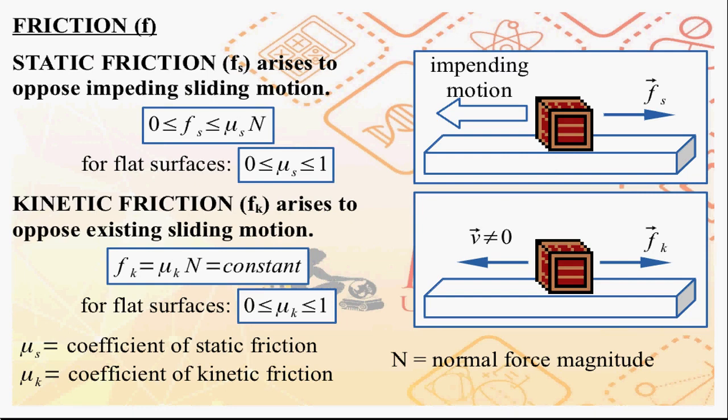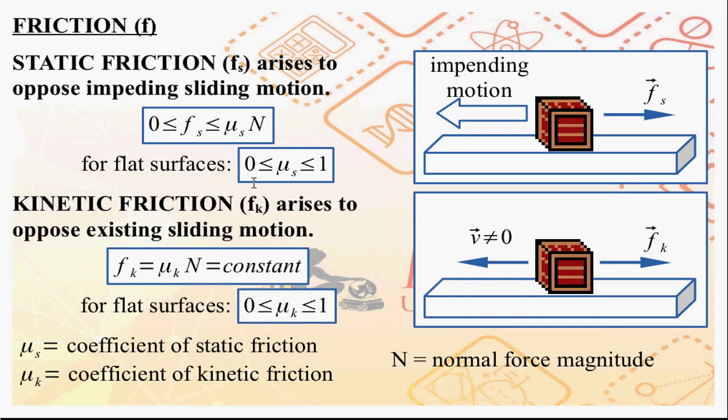For flat surfaces, the range of mu s is from 0 to 1. For jagged surfaces, mu s may be greater than 1. Note that whether you have a flat or jagged surface, mu s is never less than 0. There is no such thing as negative coefficient of static friction.